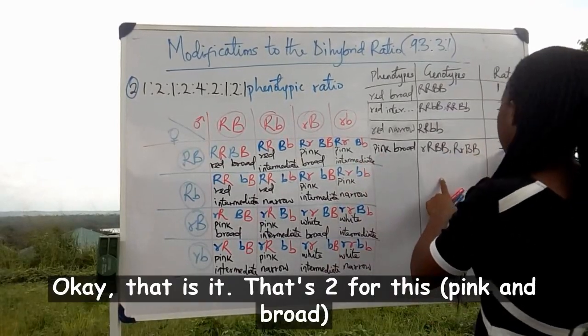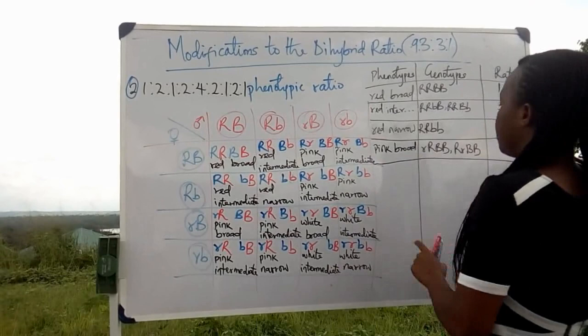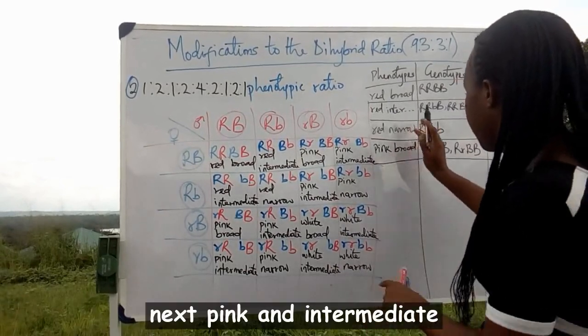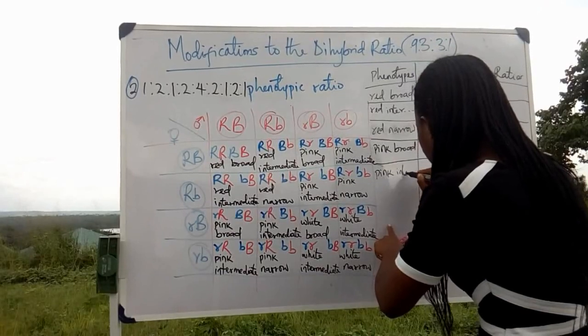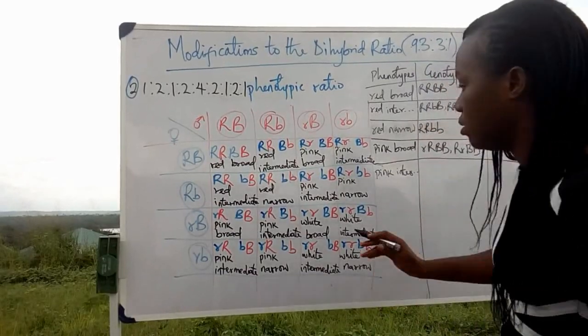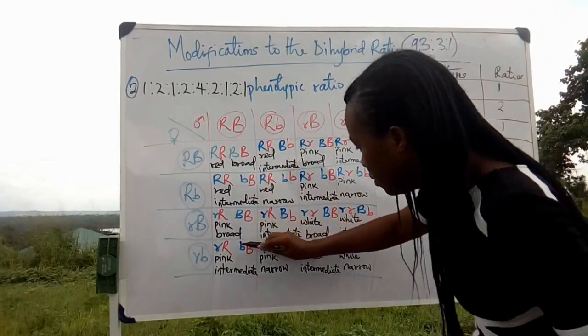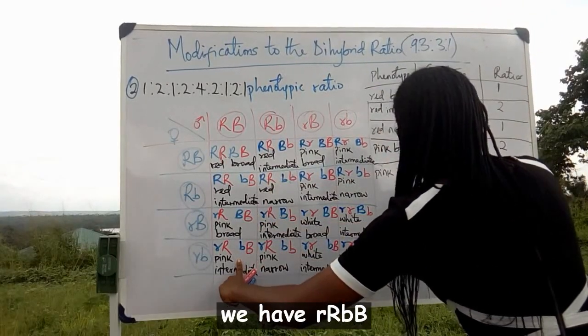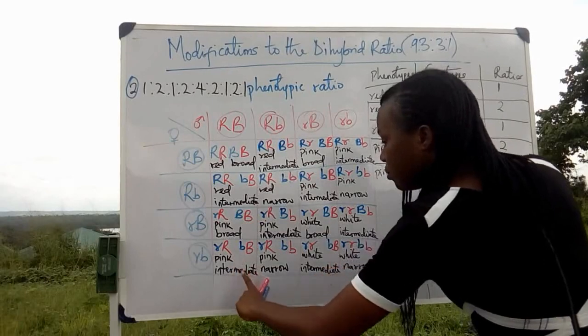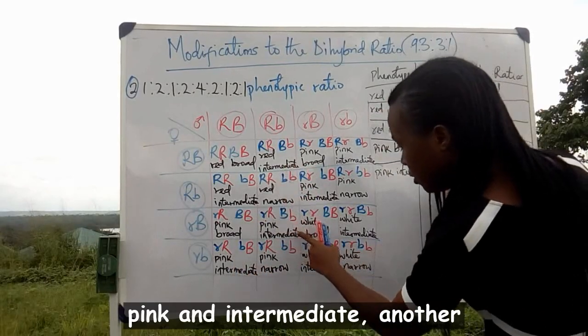Okay, that is it. There's 2 for this. Next, pink and intermediate. So we have 1 small r, big R, small b, big B. Pink and intermediate.